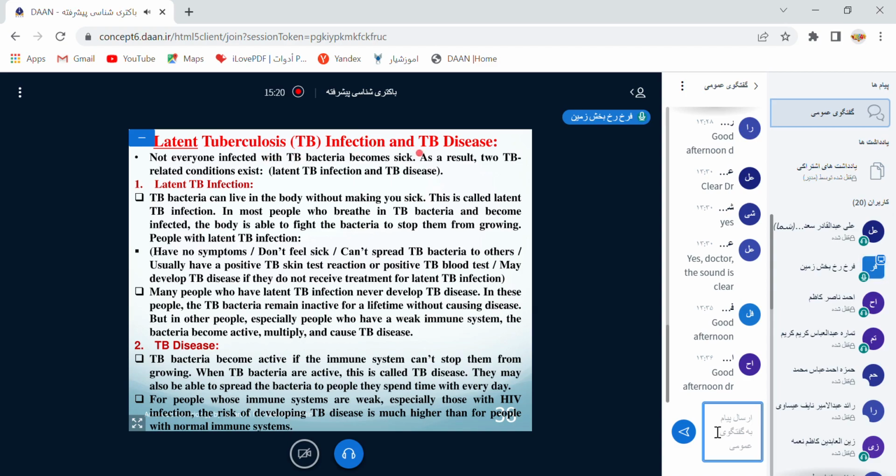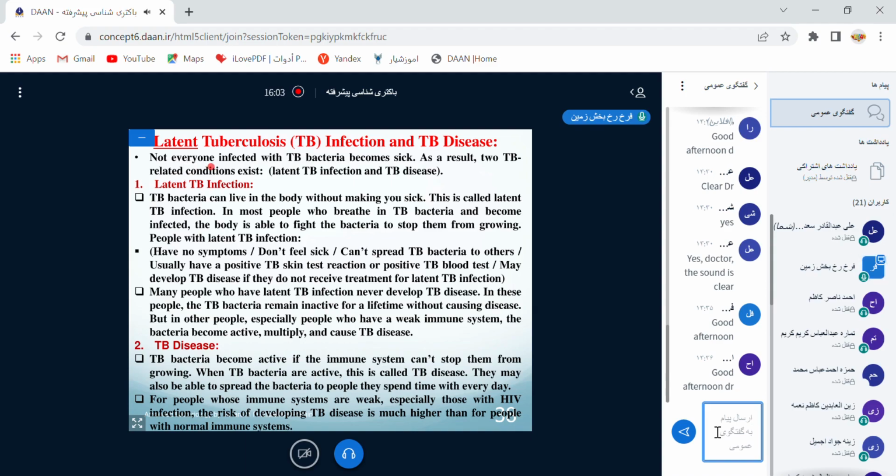But sometimes it is active and shows signs and symptoms, and we call it TB disease. So sometimes tuberculosis doesn't show itself, and sometimes it shows different signs and symptoms. If it doesn't show itself, we call it latent tuberculosis infection. If it shows itself with signs and symptoms, we call it TB disease.